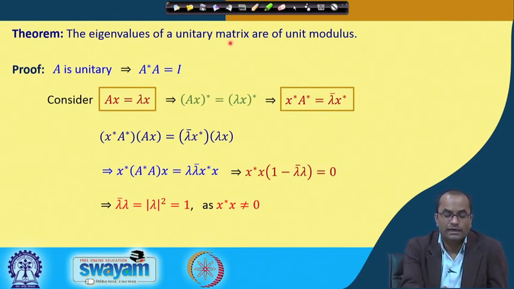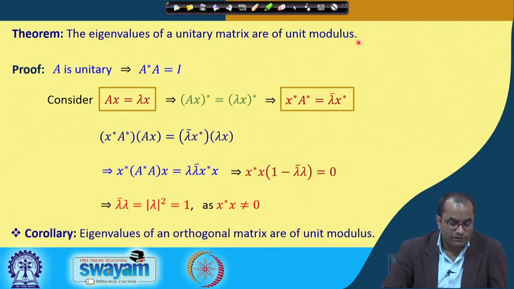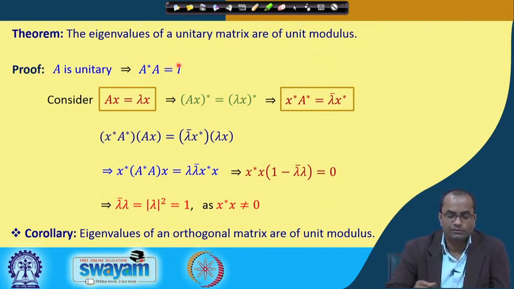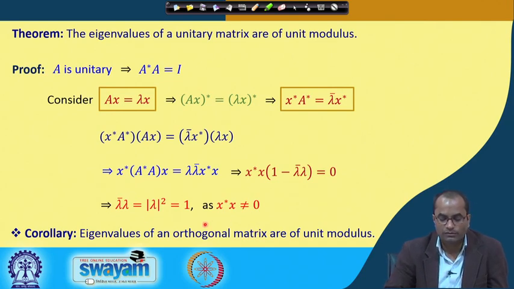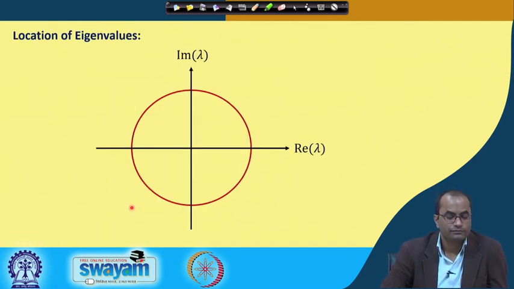So, the eigenvalues of a unitary matrix are of unit modulus. The same result we can also use for orthogonal matrices, because they have the same property, A transpose A is equal to I. For orthogonal matrices we can prove it with all the same steps, and again prove that their eigenvalues are also of unit modulus.